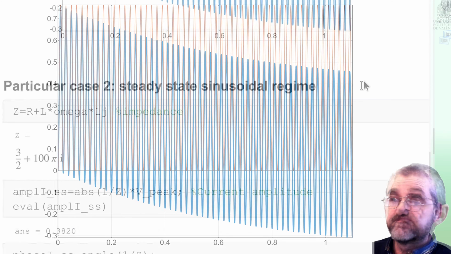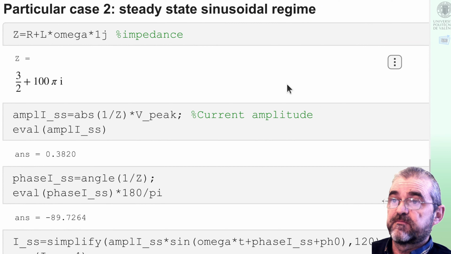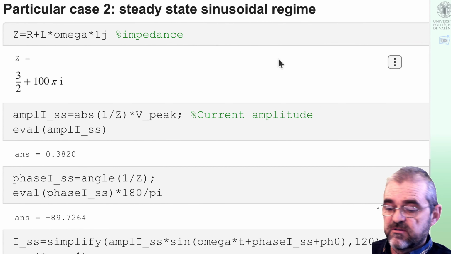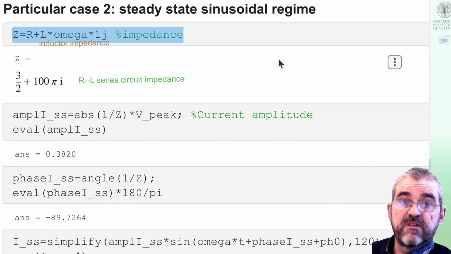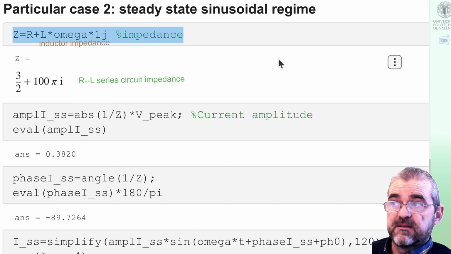If we now discuss what happens when a long enough time interval has elapsed, then the steady state sinusoidal regime is computed with the impedance, which is in series the sum of the resistor impedance R plus the inductor impedance L times omega times the imaginary unit j.